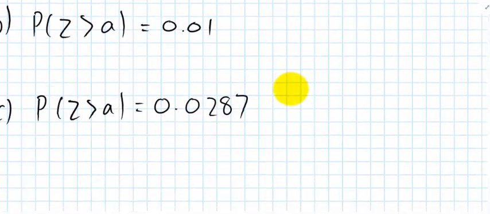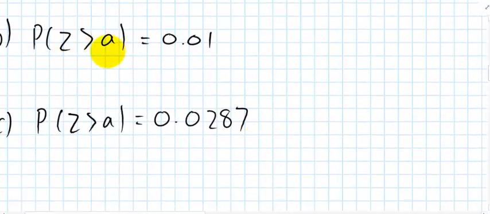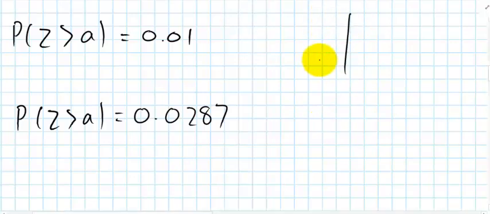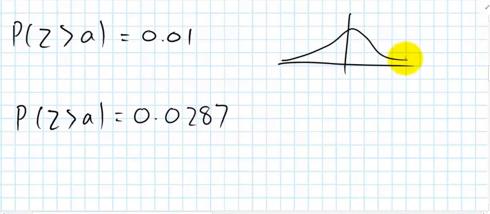Next question. Probability of Z being bigger than A is 0.01. Again, let's sketch the graph. It's bigger than A this time, so we're going to be finding the area from the right. How much? It's only 0.01, so let's just stop somewhere around here, because it's going to be less than half. Now, the form is bigger than positive form, but that's okay, because this is a nice percentage.